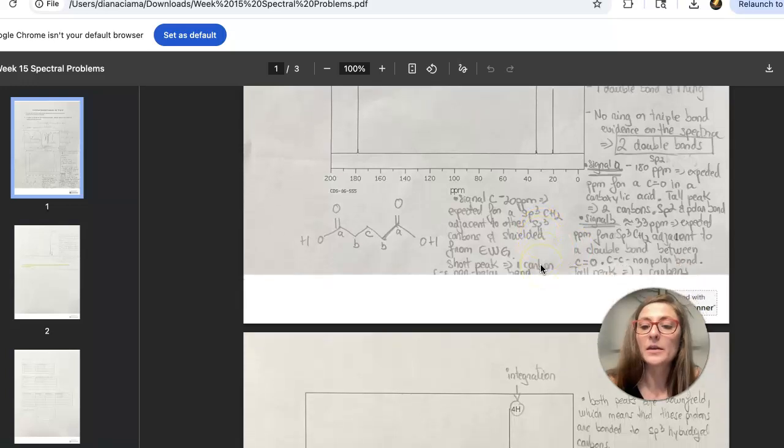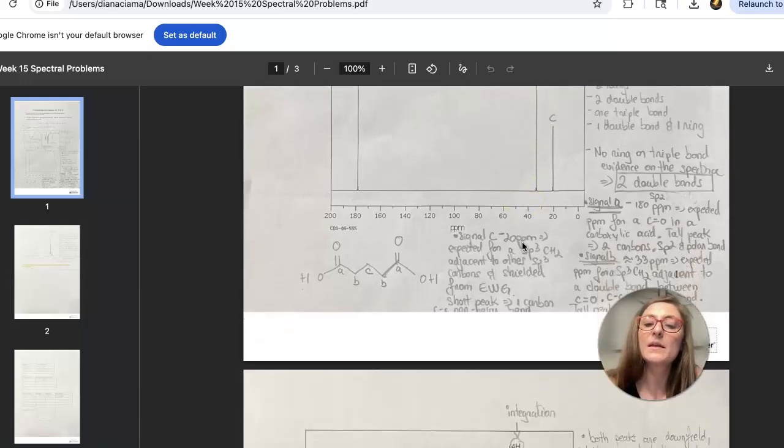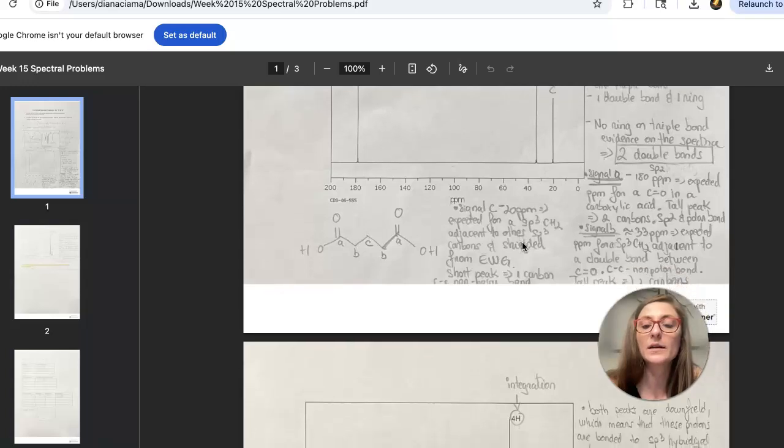Signal B at 33 ppm is an expected finding for an sp3 hybridized CH2 carbon, which is adjacent to a double bond between carbon and oxygen. The carbon-carbon bond is nonpolar, and this peak is the highest one, which is making me think that it's accounting for 2 carbons.